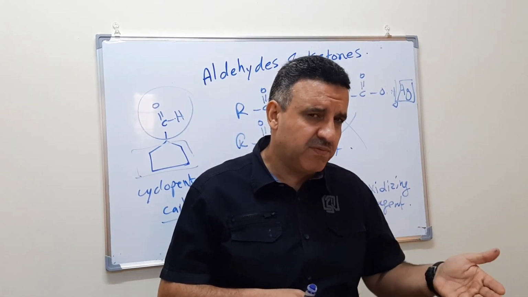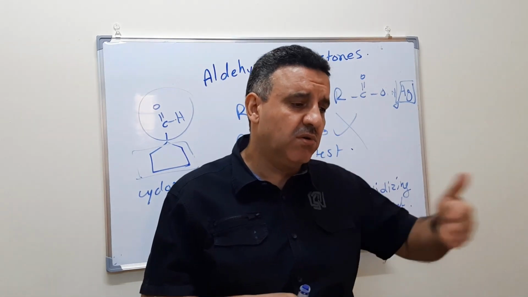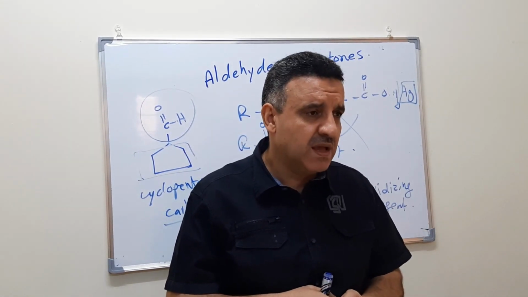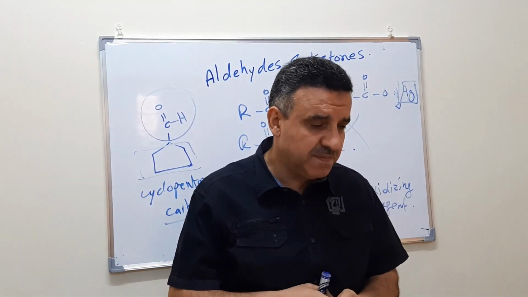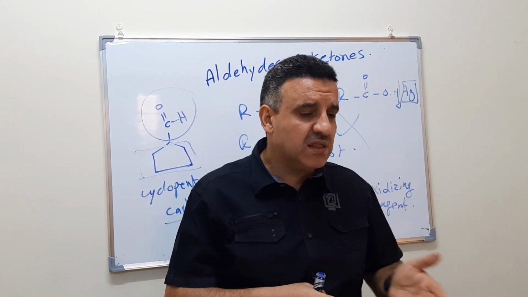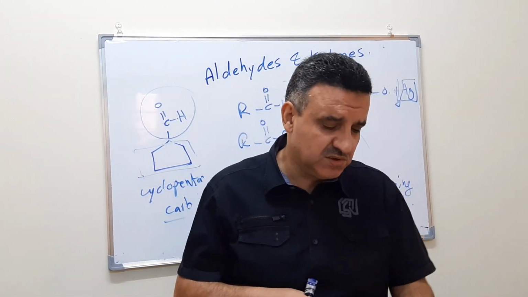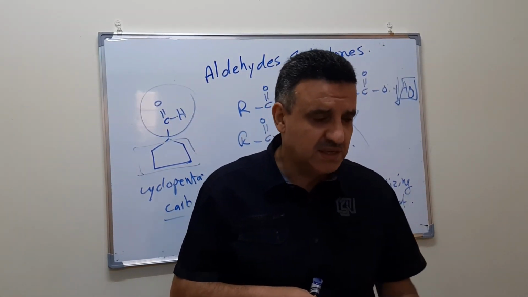The powerful one is lithium aluminum hydride, which is capable of reducing all carbonyl containing compounds to the maximum reduction level, while sodium borohydride can only reduce aldehyde or ketone. So we are not going to discuss this slide because we have discussed it many times.